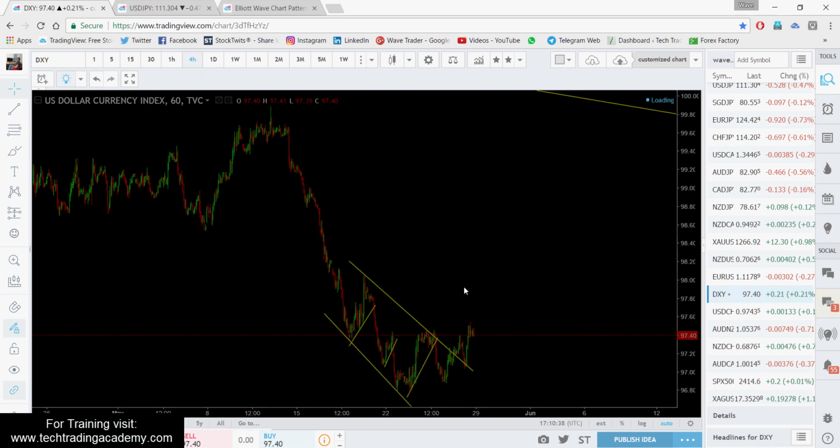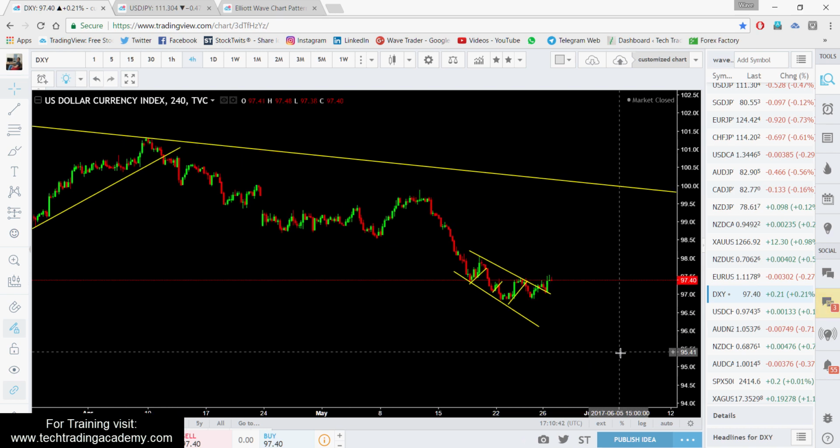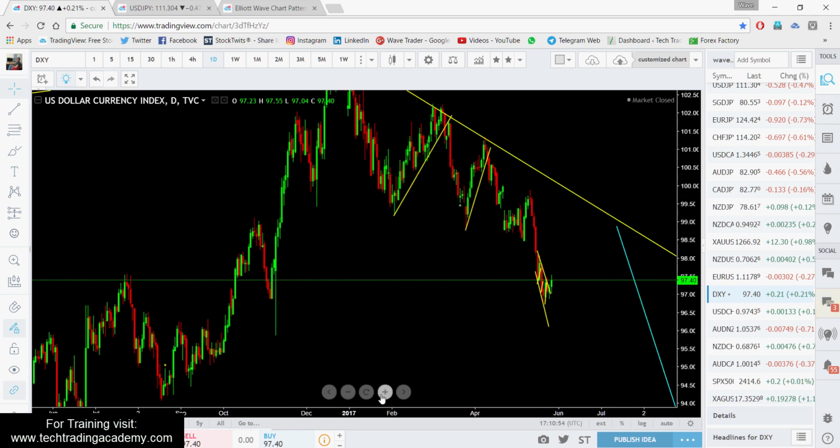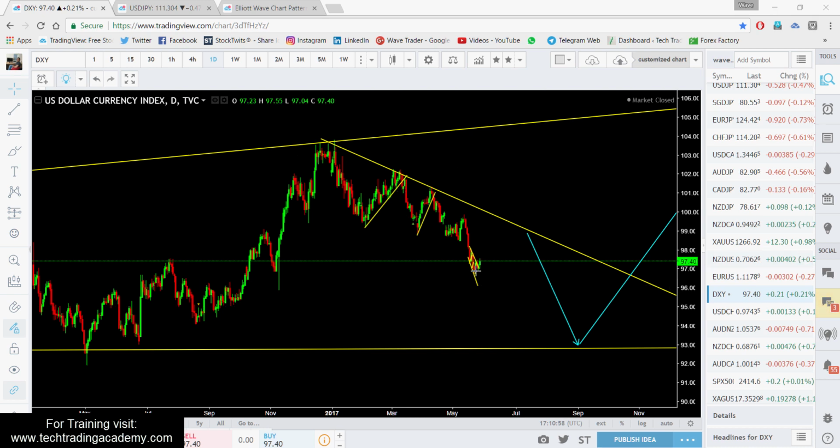The reversal formation was there on all these three pairs. But the way this reversal formation is unfolding is not convincing us that we're going to get to the top again. Last time I showed you we were going to watch this kind of price action and then this trade, but the way price is unfolding here is not convincing us to take the trade either to the downside or to the upside.